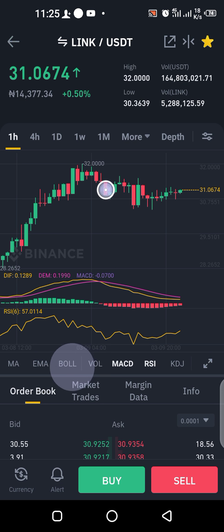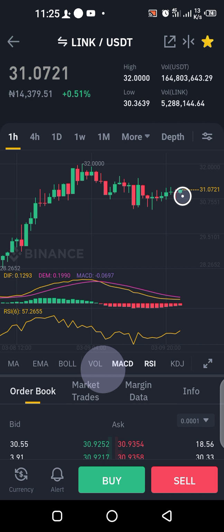For example, the time now is 11:25 and this candle will close by 11:59. So if you want to enter the market with this candle now, I expect you to wait till 11:59 to see where the candle will close. The candle may end up going bearish, or it may end up going bullish.